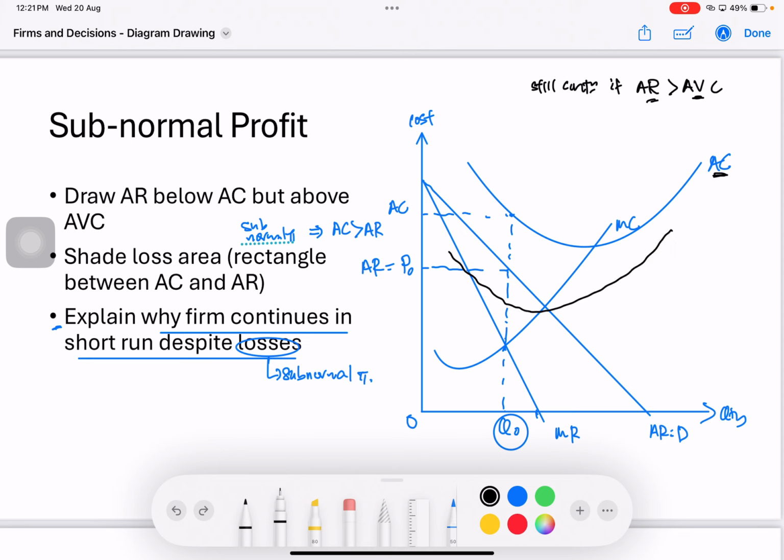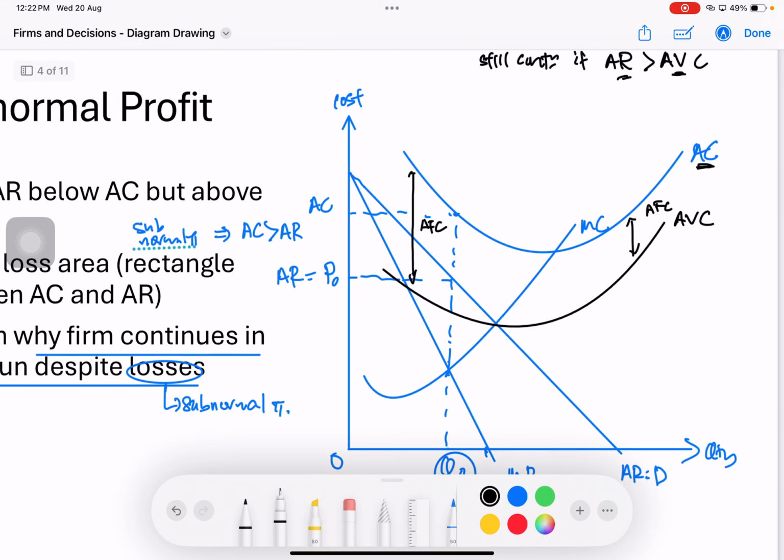Not good, because you must make sure that MC cuts it at the lowest point. Can't be bothered. Okay, AVC here. So the distance between the two lines at any output level is actually your AFC.